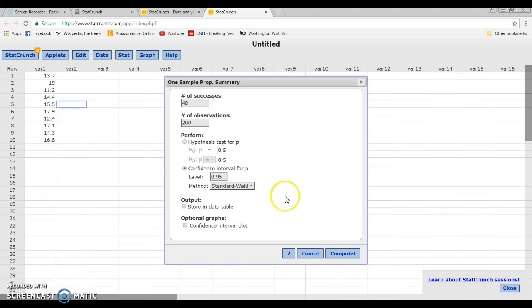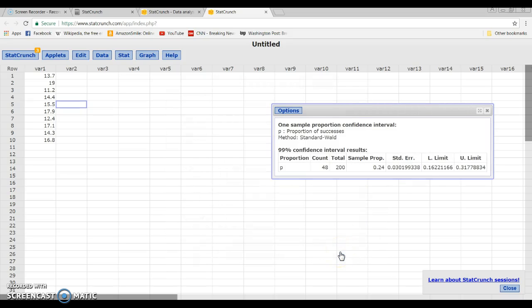This gives you a couple of options here, but just leave it at the default, Standard Wald. Don't worry about what that means. So x out of n and then 99% confidence interval. Hit compute. And that gives us our output, which we can just copy and paste.